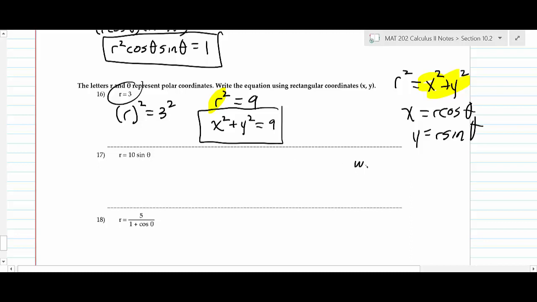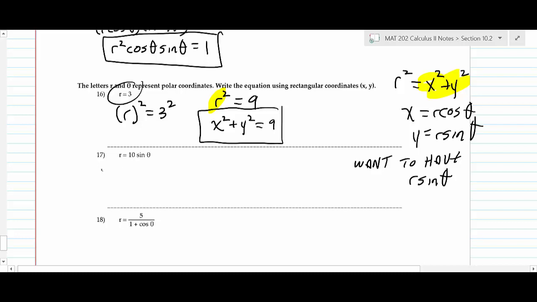Now, a real key on this problem is, you see a sine theta, but it would be nice if that said r sine theta, then it would be easy to substitute. So what could you do to both sides so that it would become 10 r sine theta? Just multiply by r, right?